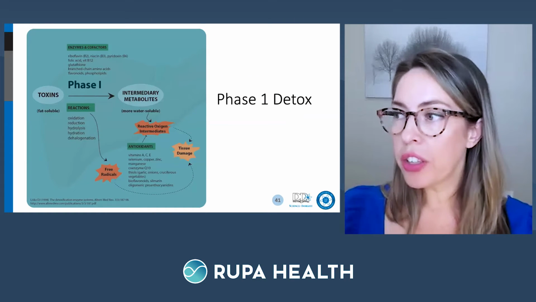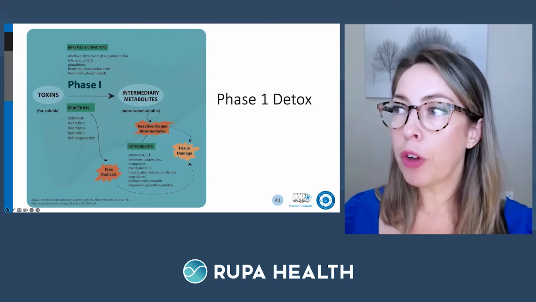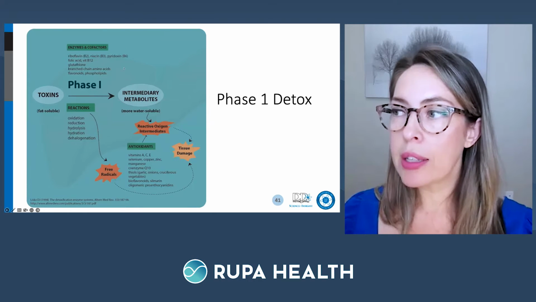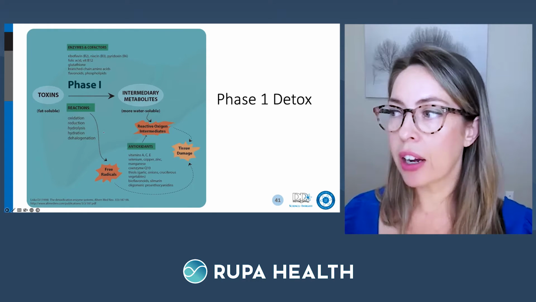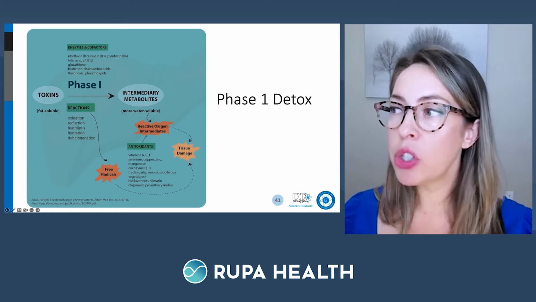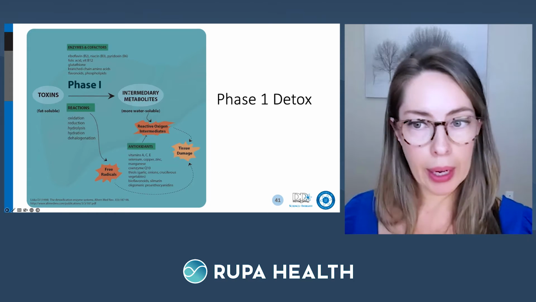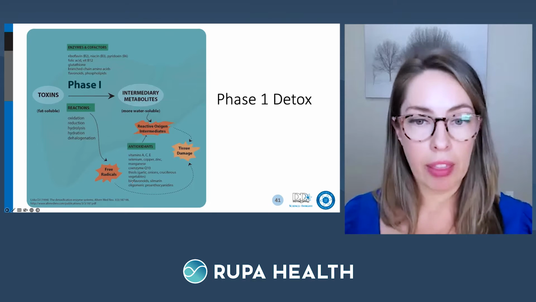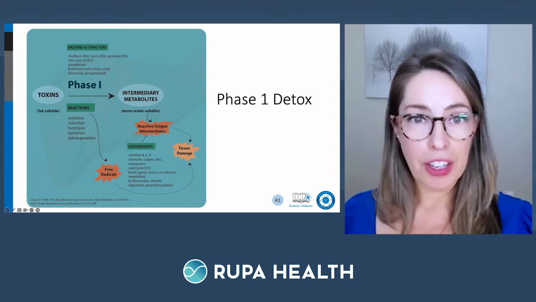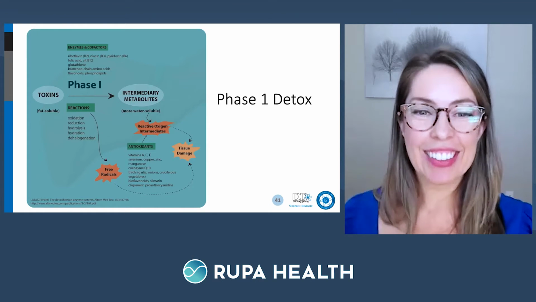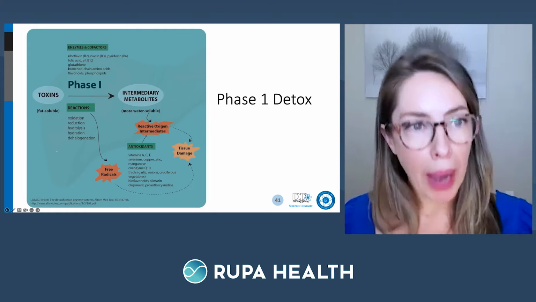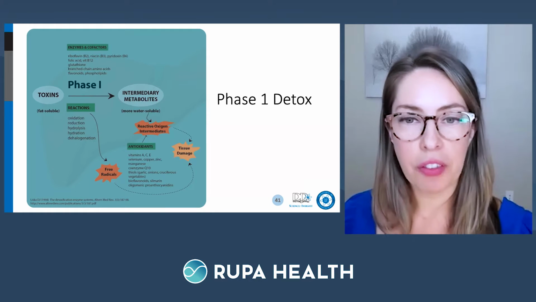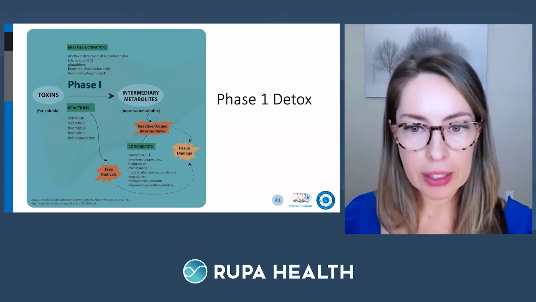Overall, this is a photo of the different enzymes and cofactors that are necessary. And if you do get to this intermediate metabolite area and you need support, these are the things that are going to help to dampen that damage. Moving on to phase 2 will certainly do that, but this is where the body has backup ways of managing all of these things when they don't move through perfectly.